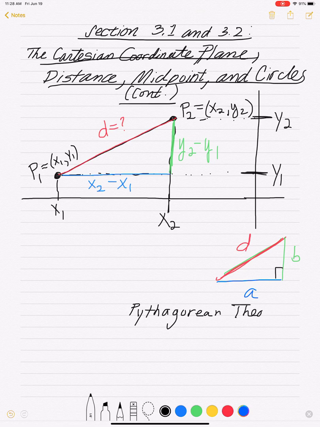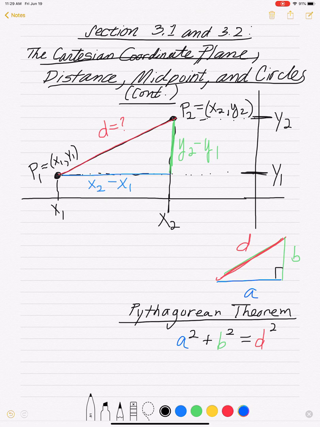I don't know when you take geometry, 10th grade, 11th grade, and it goes something like this. A squared, one leg squared, plus B squared, the other leg squared, equals the hypotenuse squared. Usually, when you're doing geometry, you call the hypotenuse C, but we're going to call it D, because it was our distance, D squared.